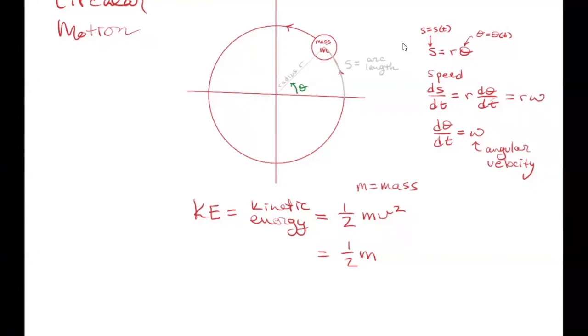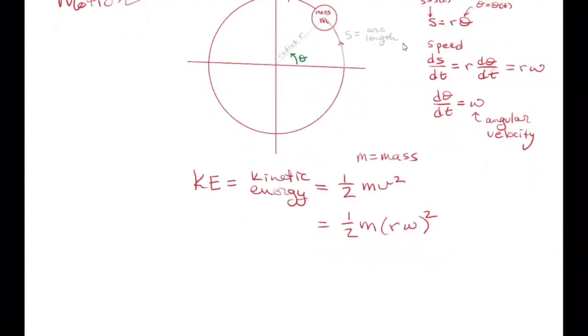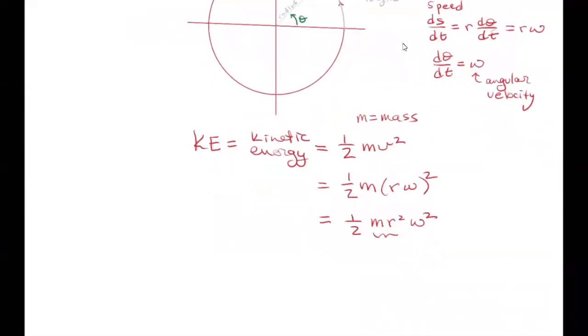So this velocity could be r omega if you're moving around a circle. So you get r omega squared here, and 1/2 m times r squared omega squared. Okay, so m times r squared is a mass times distance squared.